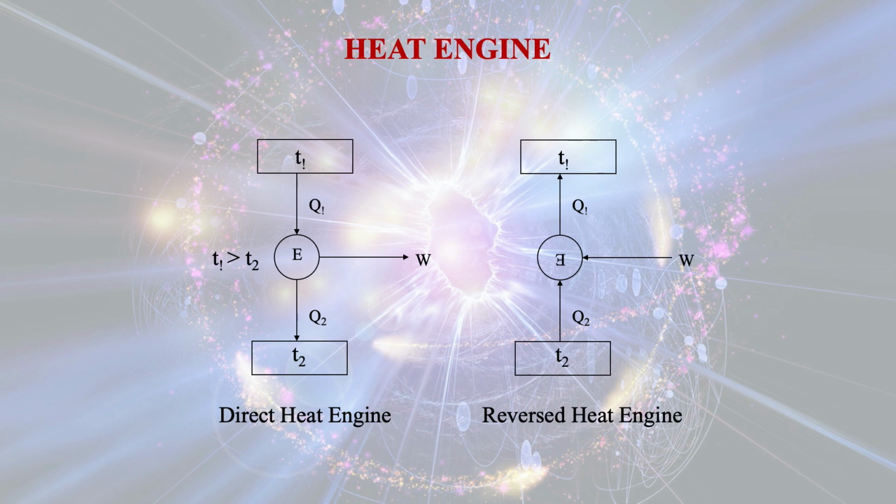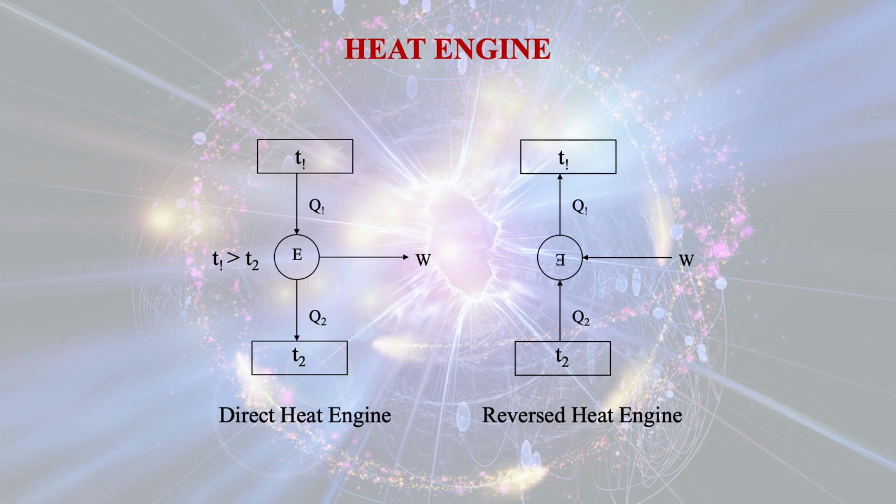We call it source, and for this case you see that Q1 is the heat received by the engine from the high temperature source, and the engine performs work W, and Q2 is the heat rejected in the sink. We call it low temperature reservoir. But one thing you have to be very careful about, that T1 is always greater than T2. That means the temperature of the source is always greater than the temperature of the sink.